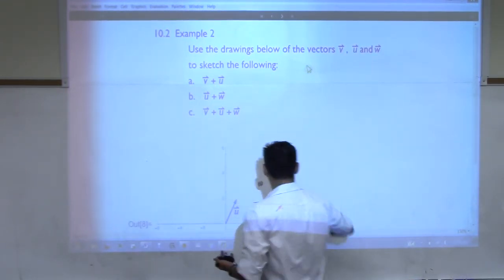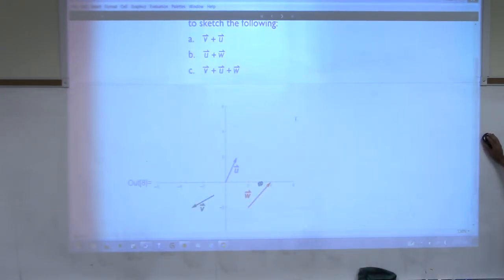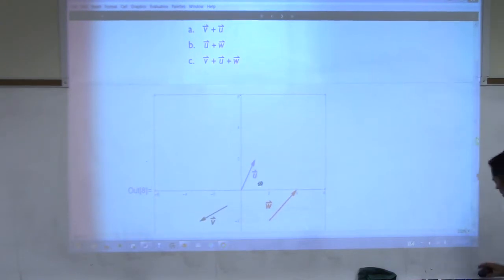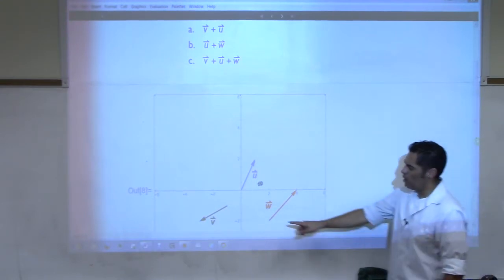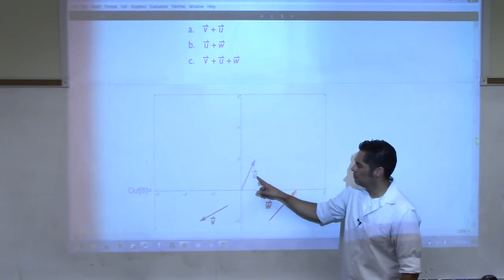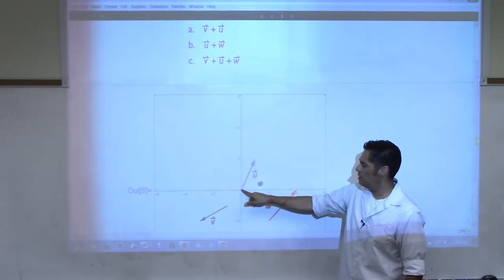On this one, I drew some vectors here, and I wanted us to try and figure out what those are. So I'm going to make this a little bit bigger and see if I can fit this all on here. If I was going to do v plus u, I'm going to leave v where it is, and take the tail of u and attach it to the tip of v.